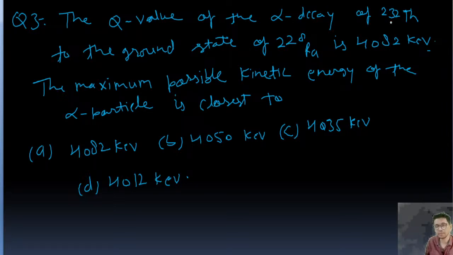From thorium, an alpha particle gets emitted and it becomes radium, which is a stable element, and the Q value for this reaction is given, that is 4082 kilo electron volt. So very simple. We need to find out the kinetic energy.